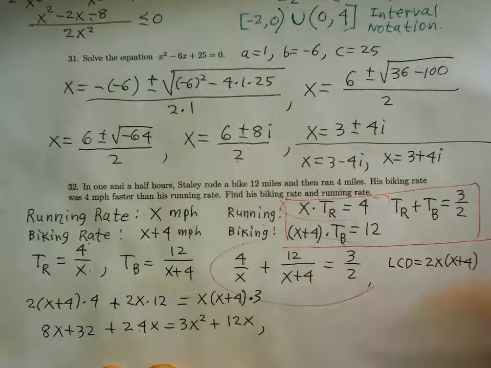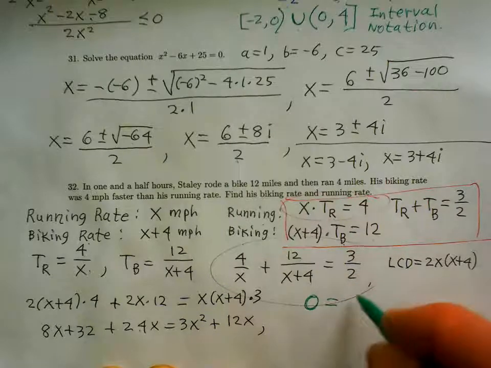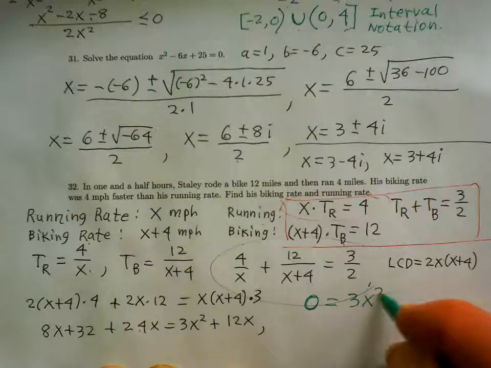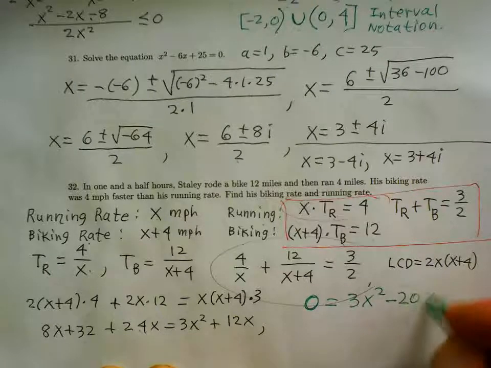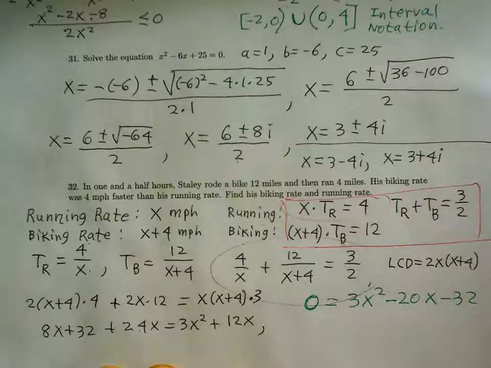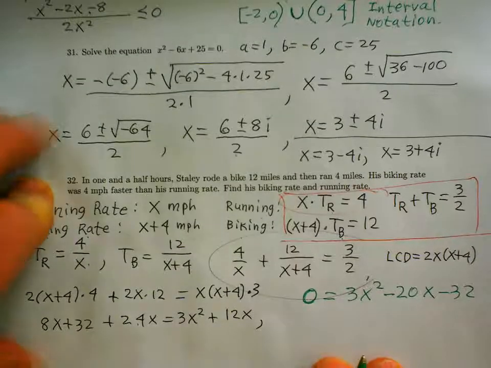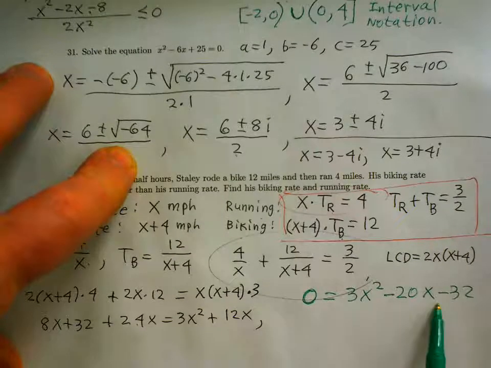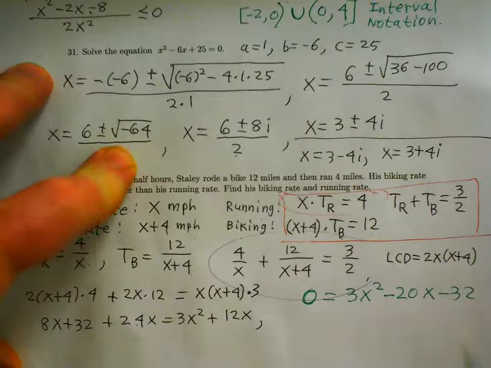And so we'll get this equation, 0 equals 3x squared minus 20x minus 32. So let's set this up using the quadratic formula.